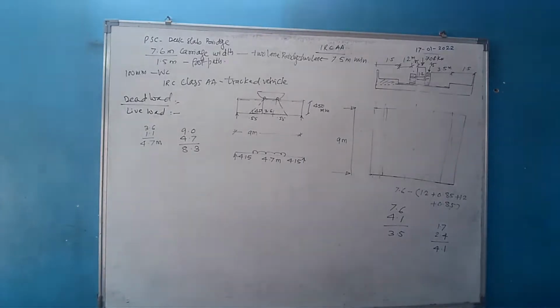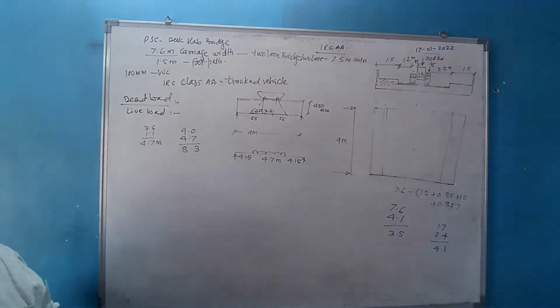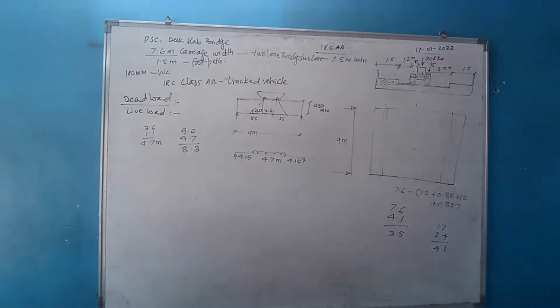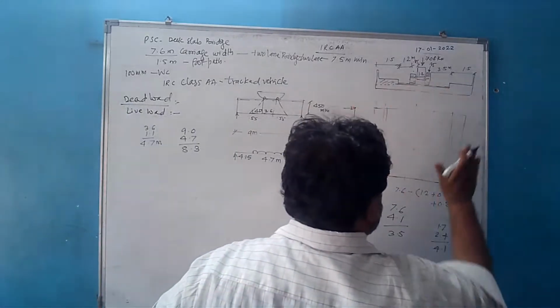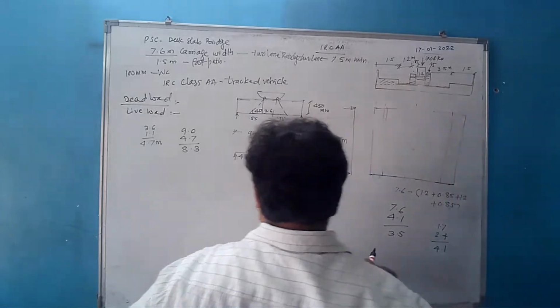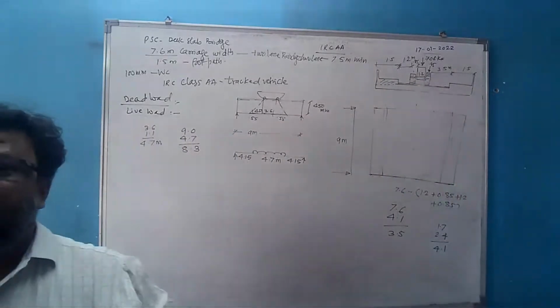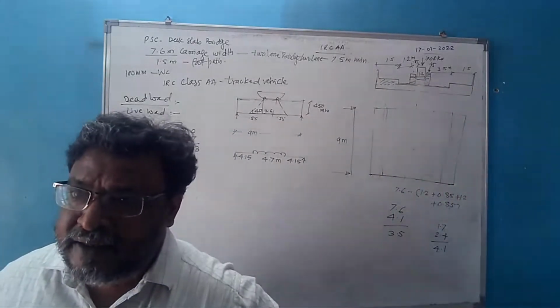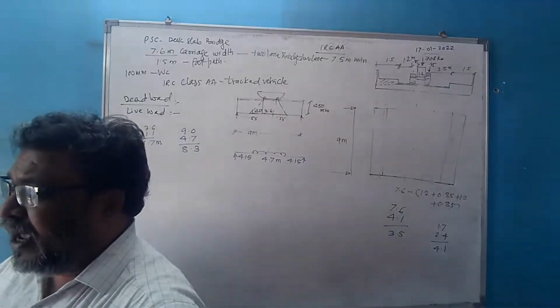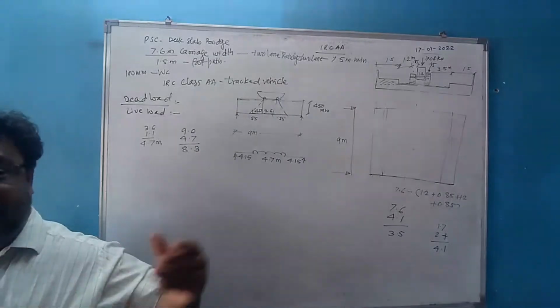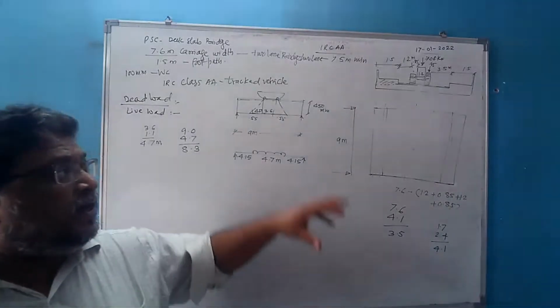Next, what do we have to do? We have to see on how much area the effect of this load will be, because it is not a load which is acting on the entire area. In the slab you designed as per IS 456, the live load was considered as acting on the entire area. But this is not the case here. It is a patch load.